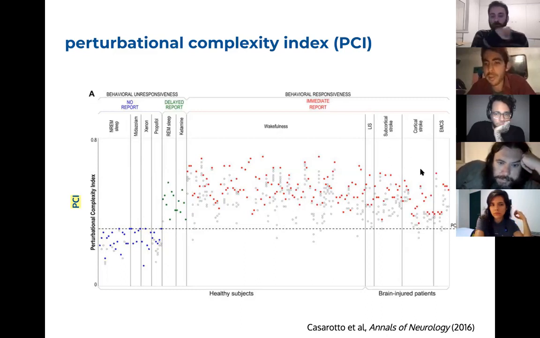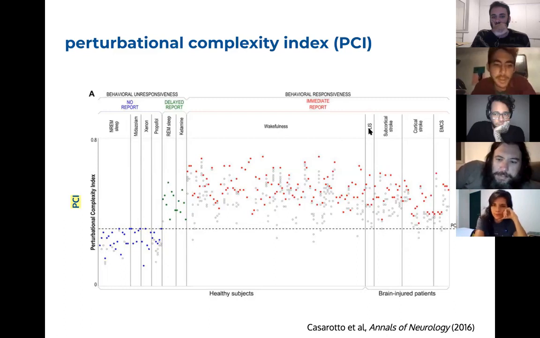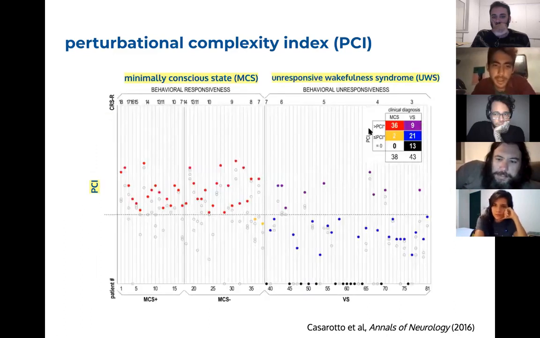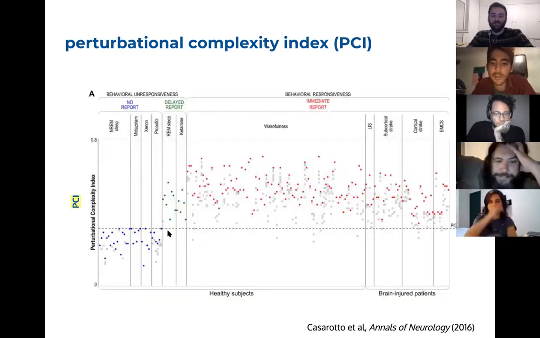And also in cases where the person has a stroke or locked-in syndrome, you still get high values of PCI. So then we tested patients in which you didn't know, for example, a minimally conscious state in which you had some signal, and you get values of PCI above the threshold.